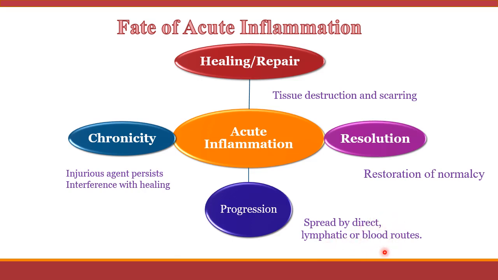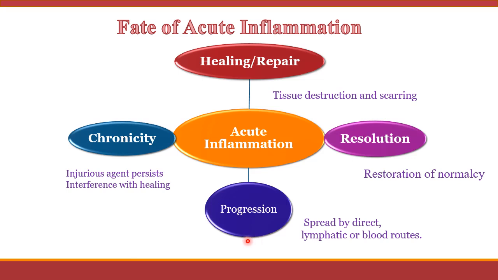This is one of the bad fates because here the body will face a systemic spread of acute inflammation, and this will lead to more pathological effects and more damage to many other organs.